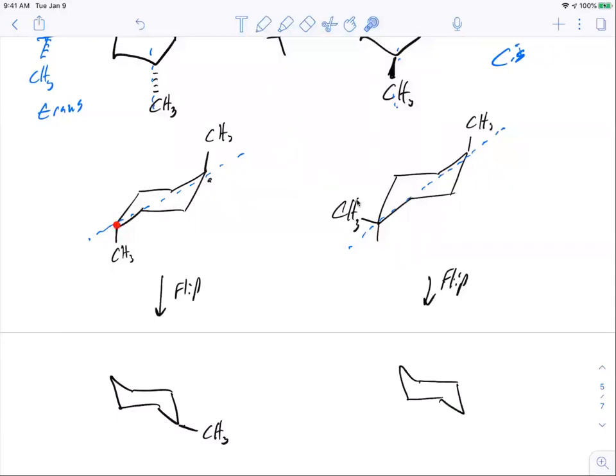The one that was at the 4th position that was axial is going to go to the equatorial.